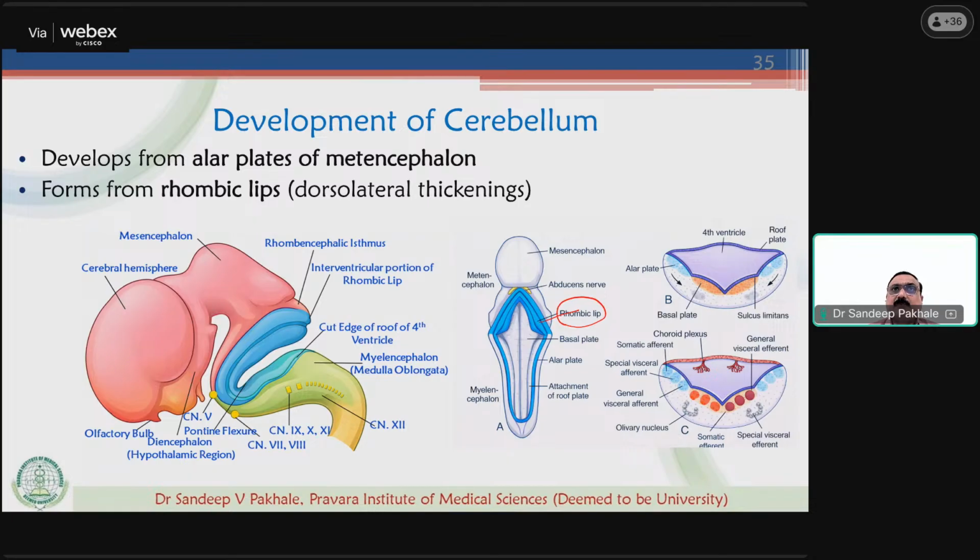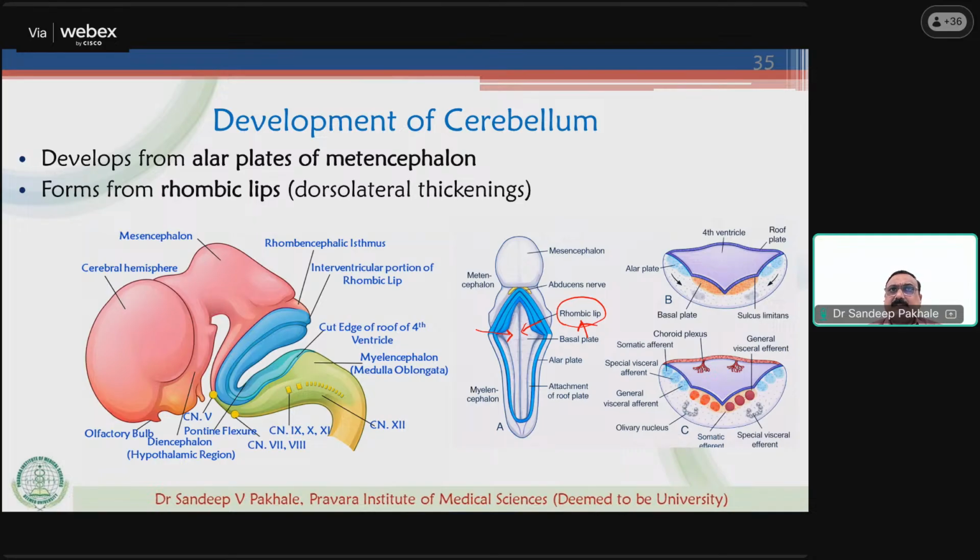Specifically, it arises from a dorsolateral thickening called the rhombic lip. These rhombic lips grow medially and eventually fuse in the midline, and they form the cerebellar primordium.